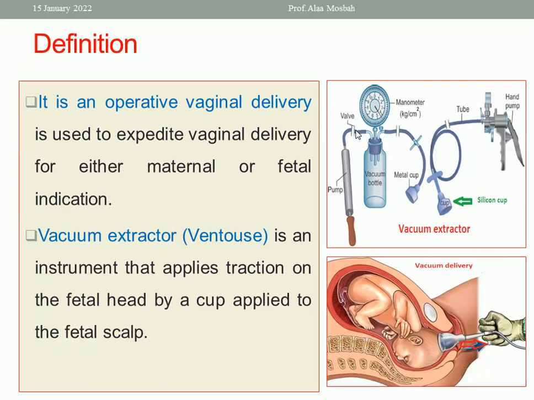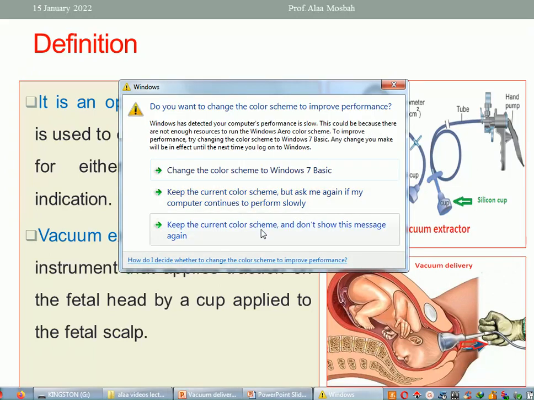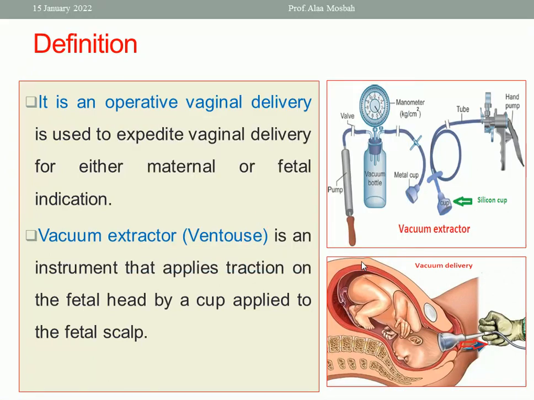I want to shorten the second stage in maternal disease like cardiac disease or pulmonary disease, or I have maternal distress or fetal distress, so I use vacuum delivery to expedite vaginal delivery.